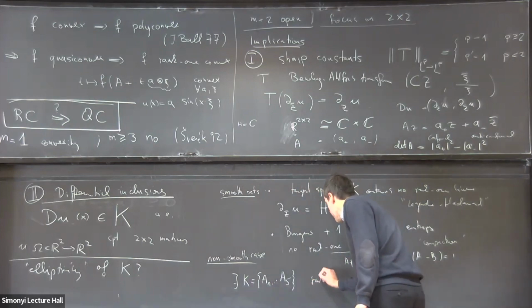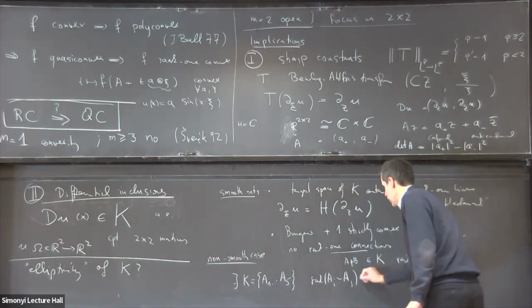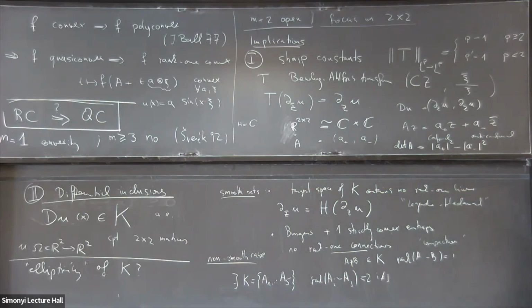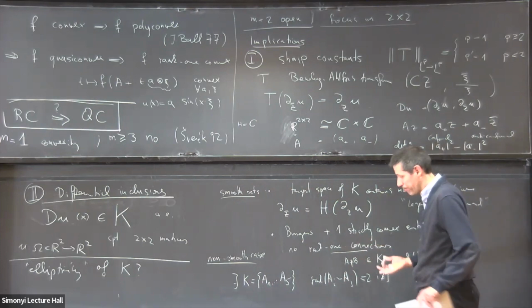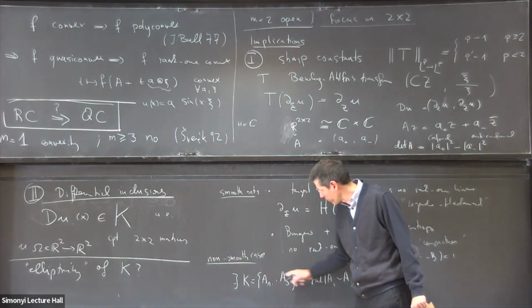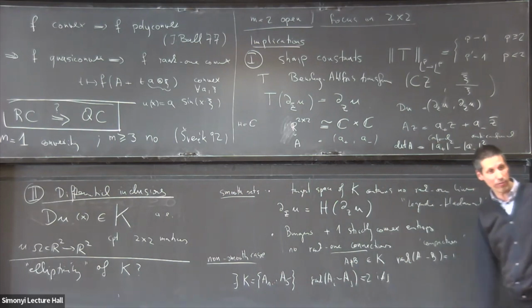So the rank of A_i minus A_j is 2 for all i not equal to j. And there still exist non-trivial Lipschitz maps taking all 5 gradients. The gradient takes all 5 values.